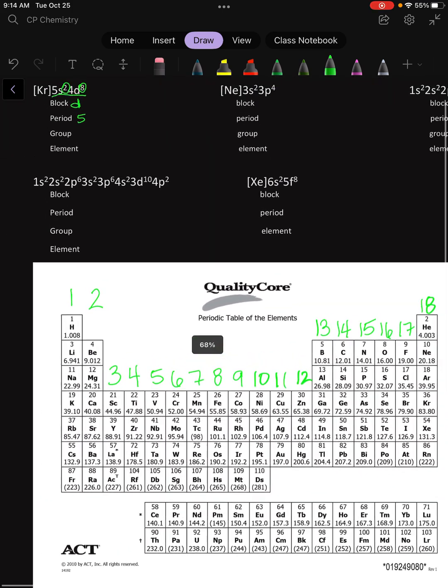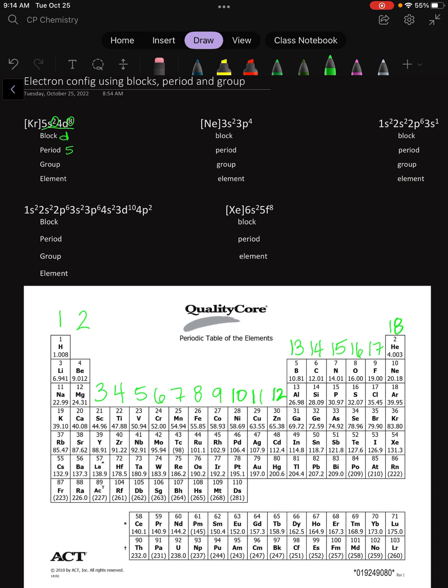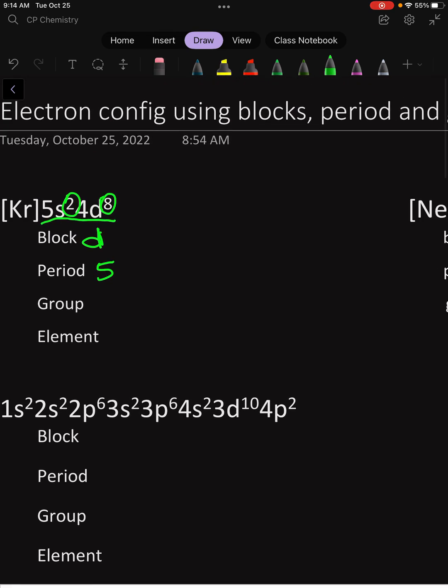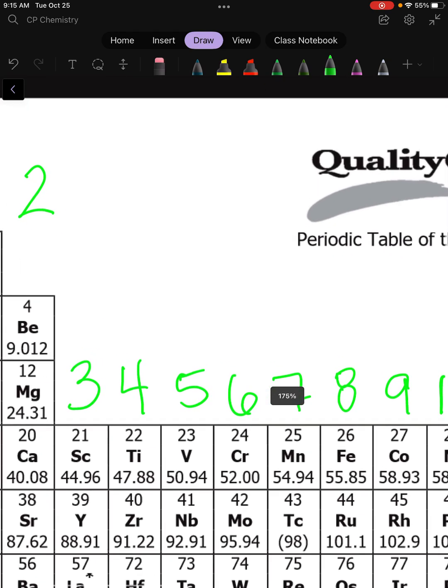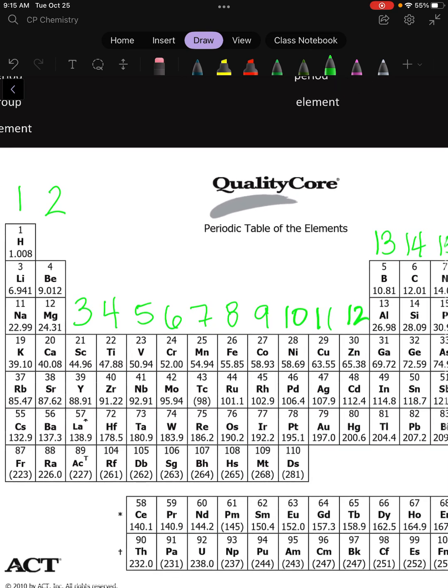Now, to figure out the group, you can look at the exponent in the D, which is 8, and just know that you're going 8 groups into the D block. Remember this is your D block. So we're just going to go 1, 2, 3, 4, 5, 6, 7, 8.